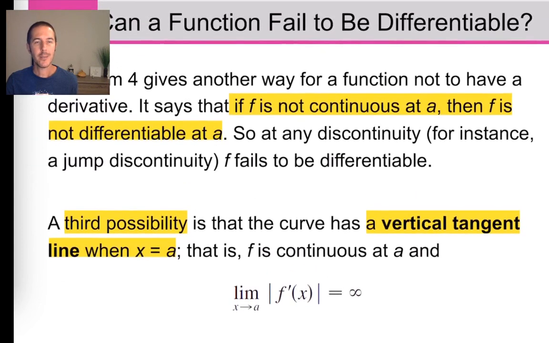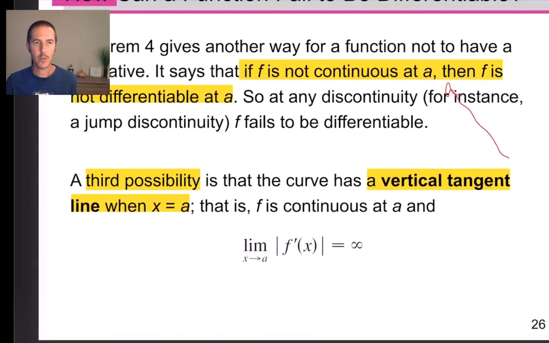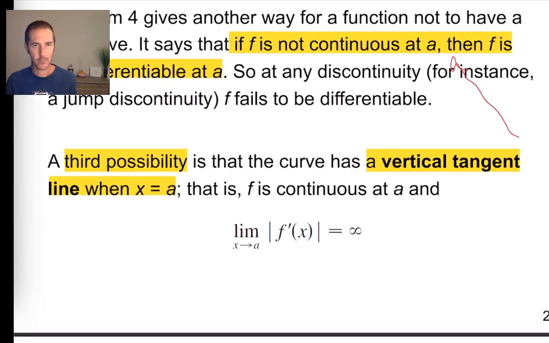If a function is not continuous at a particular point, I highlighted this already for us, then the function is not differentiable at that point. So if you have a hole there, or an asymptote, your function is not going to be differentiable. And thirdly, if you have a vertical tangent line, can that happen? Can you have a vertical tangent line?